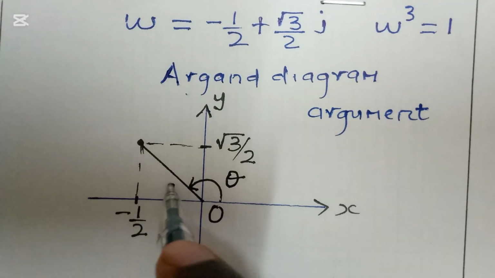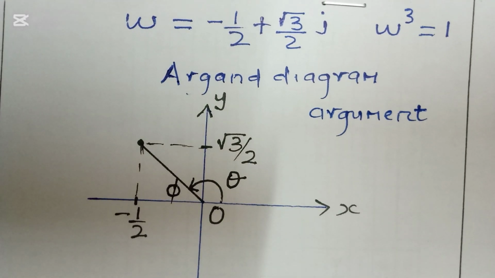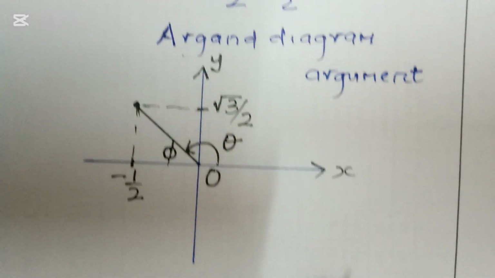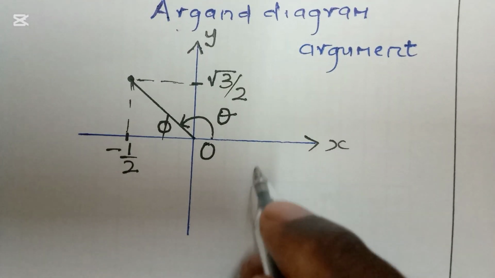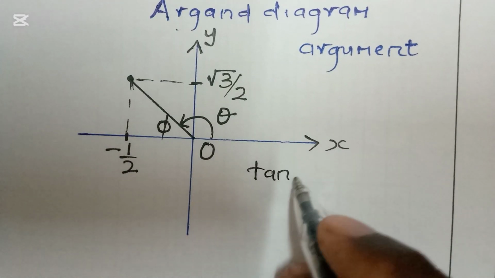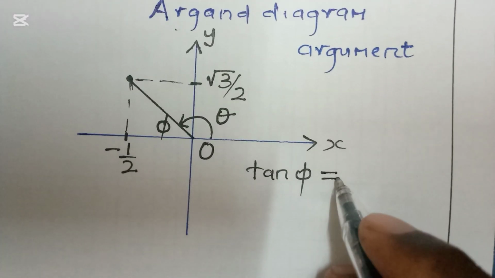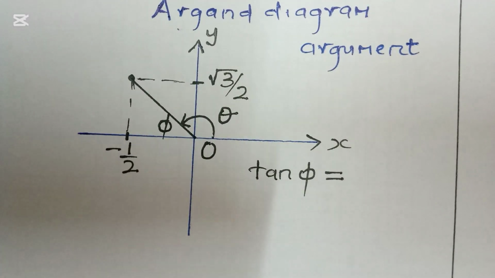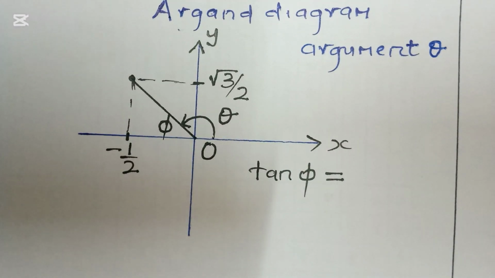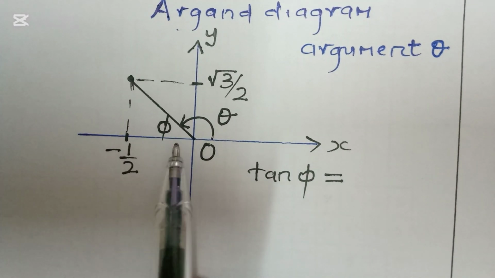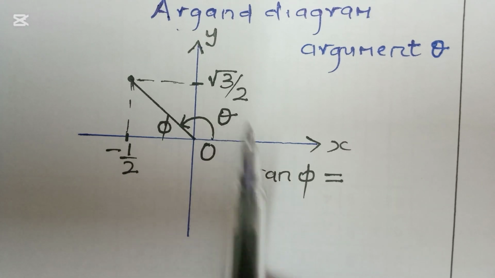By finding this angle, guys, we can now find the argument. And how do we find that angle? We can say tan phi is equal to... the argument here is supposed to be theta, but now we look for phi so that we can subtract phi from 180 to find our theta.